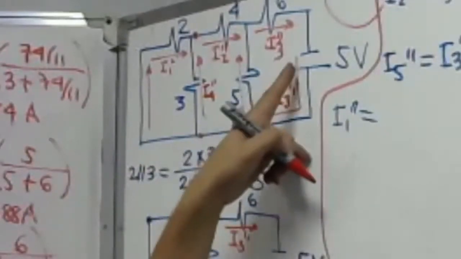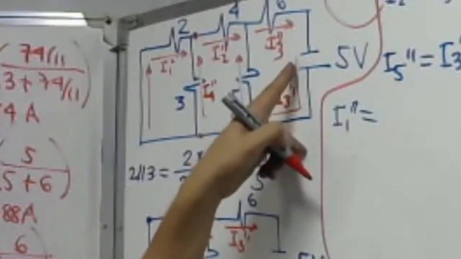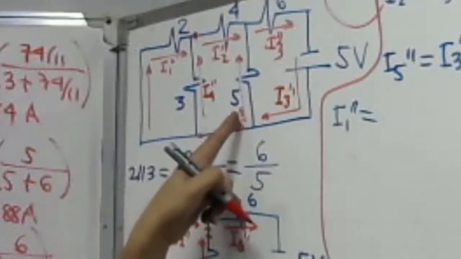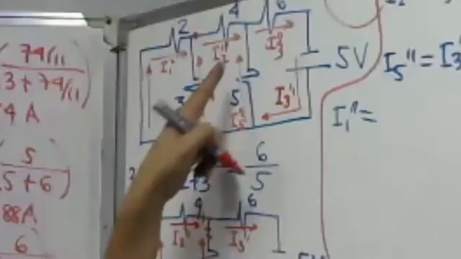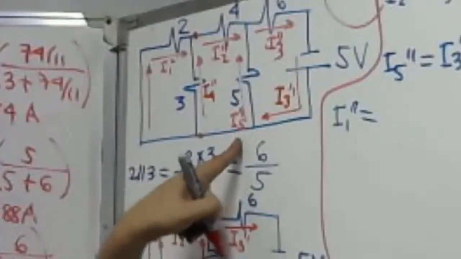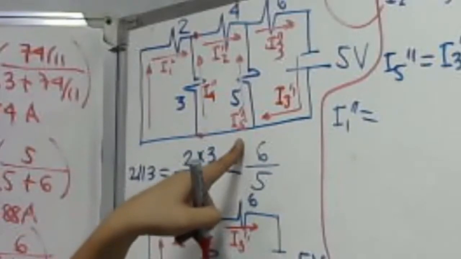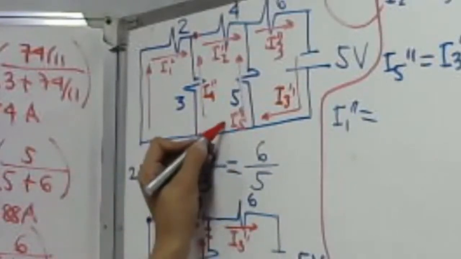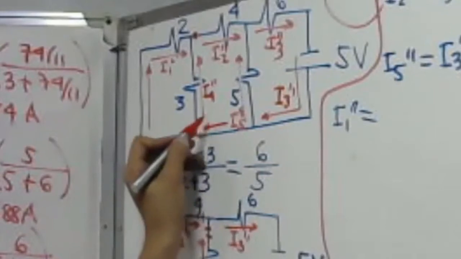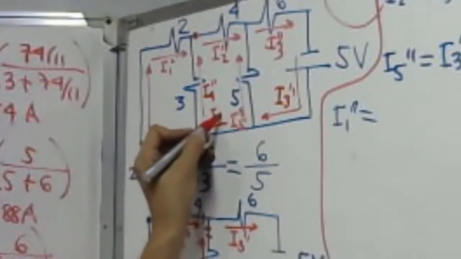Remember that I3 double prime is the current that will flow here. There is I5 here. What is this current? Again, that is our I2 double prime.